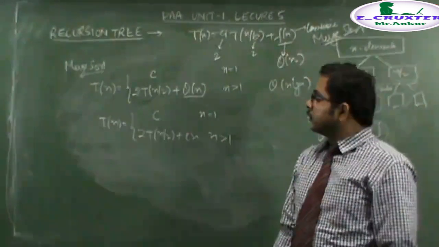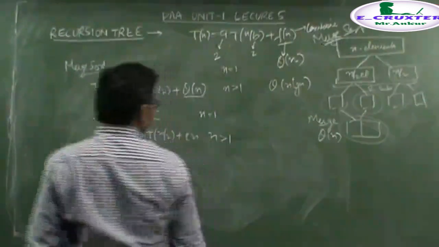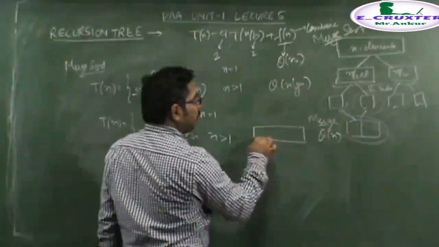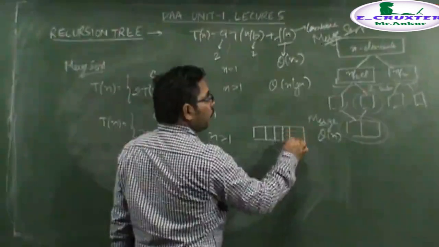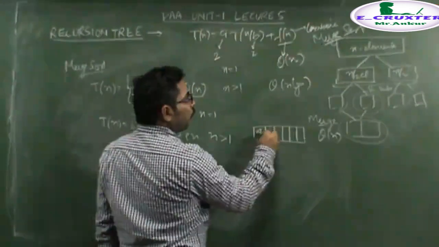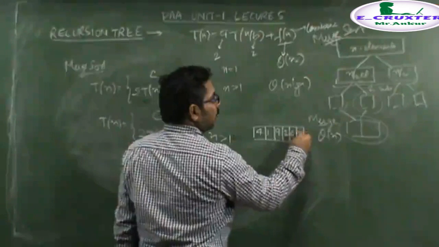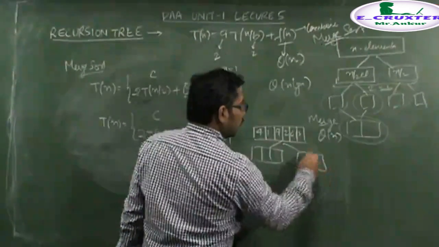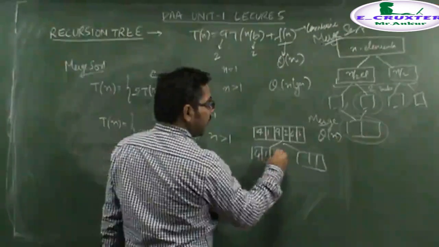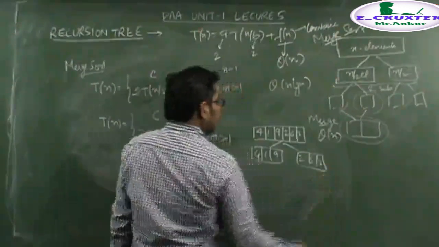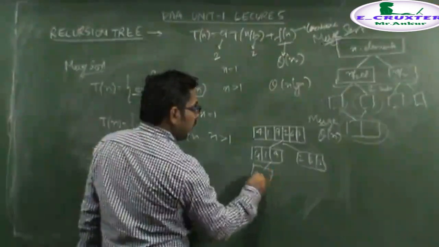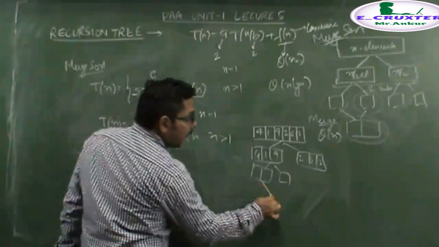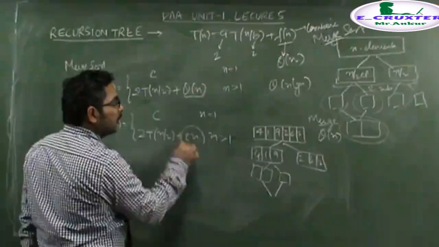Just notice, in merge sort, suppose there are 6 elements: 4, 1, 9, 2, 6, 3. We partition them into 2 parts, and further keep partitioning and then combining. The combining step running time is c of n.